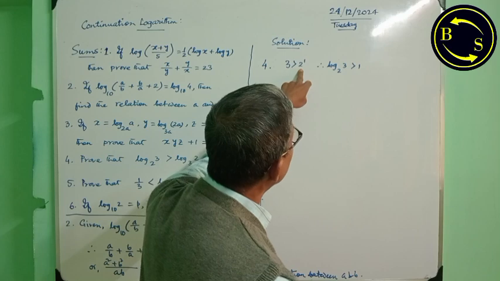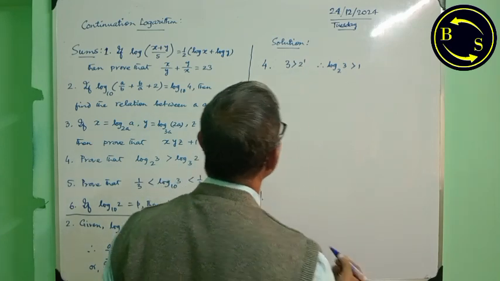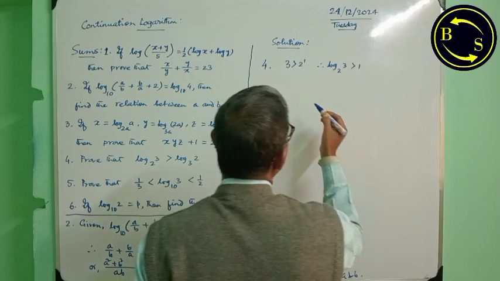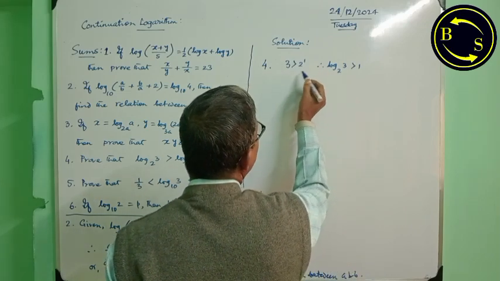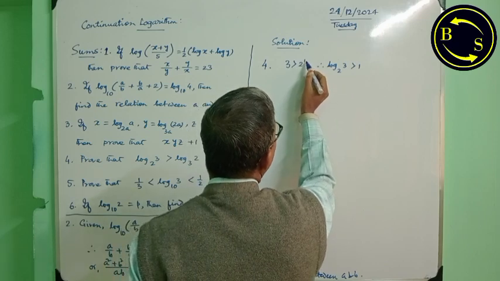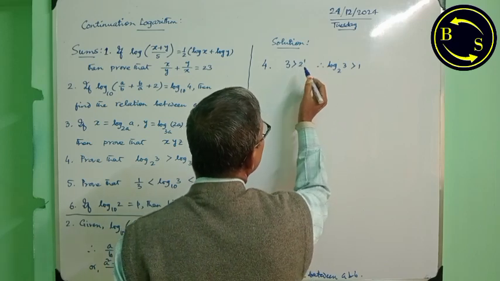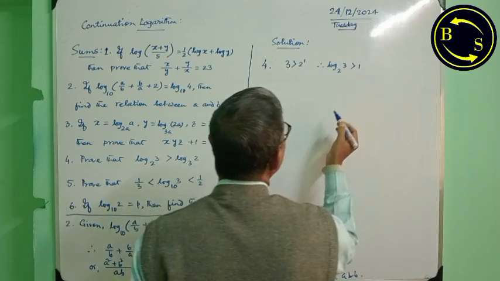Here the base is 2, therefore we can express this one like this. If we take log of the right side, that will be log of 2 to the power 1, that is 1 into log 2 to the base 2, which is 1.